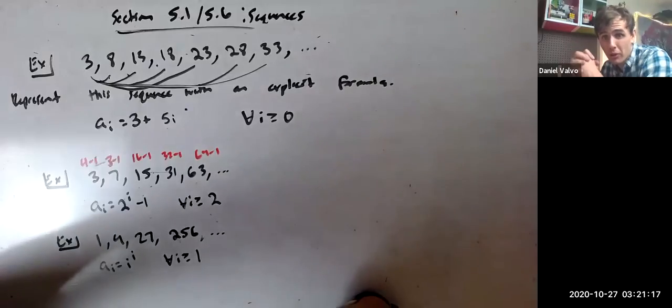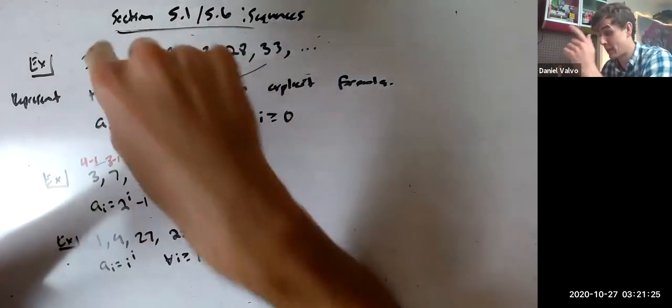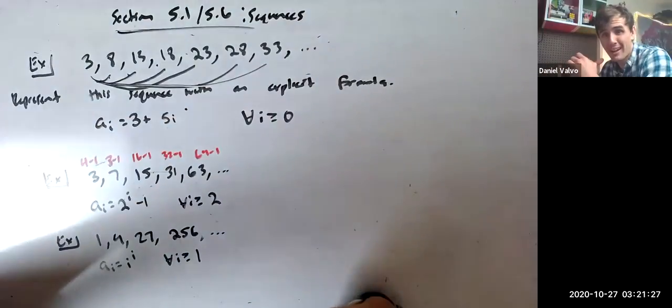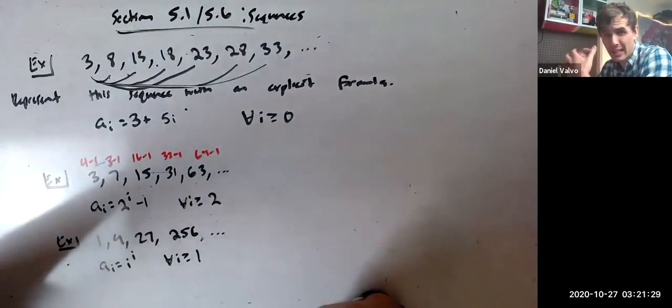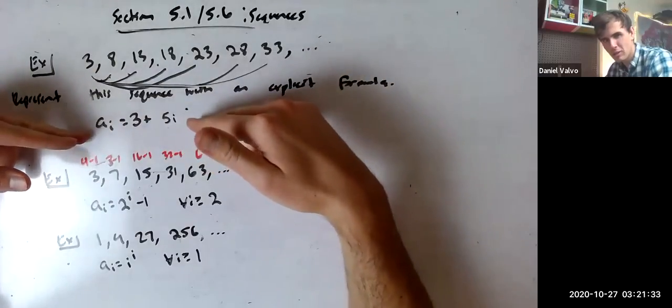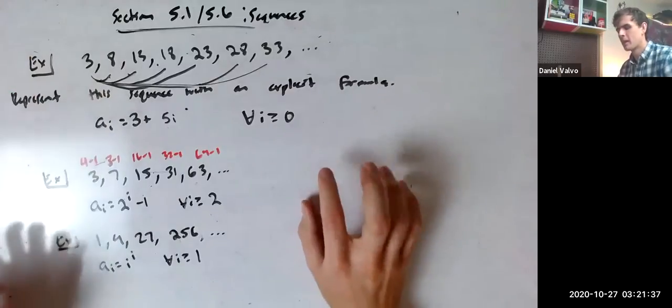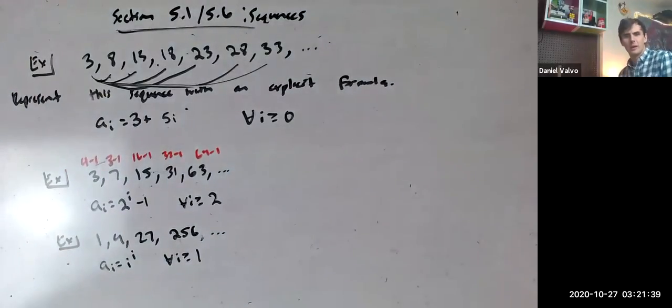It's also more useful, because there's hardly any point in writing a sequence out like that, since it doesn't really tell us much. It just is. Whereas this tells us the pattern. This is the written form of the pattern. It's 3 plus 5 times i. It's much more useful when trying to prove anything about it. Any questions?